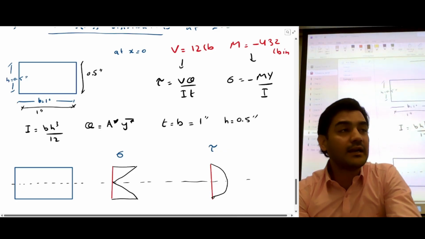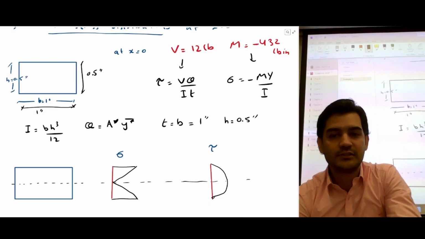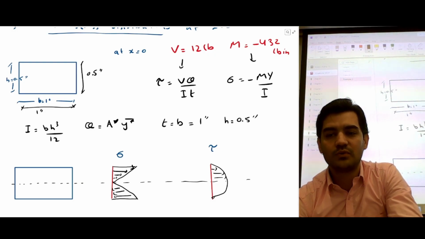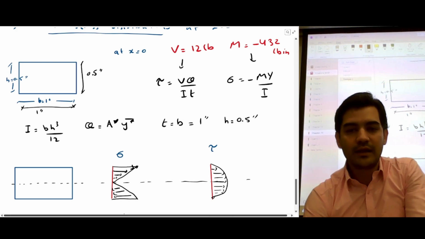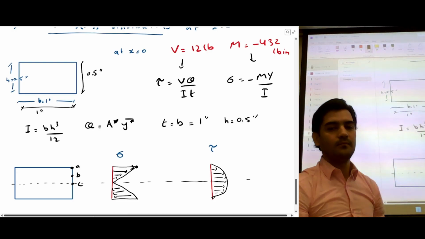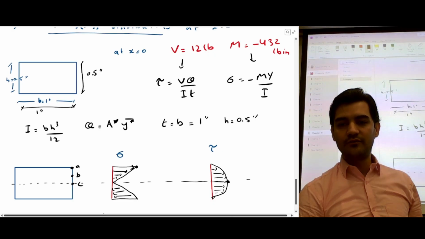Since it's a negative moment, which is hogging, and hogging means tension at the top and compression at the bottom. And shear stress is always in one direction. So you have to calculate these values at point A, point B, and point C. But basically we need the shape.